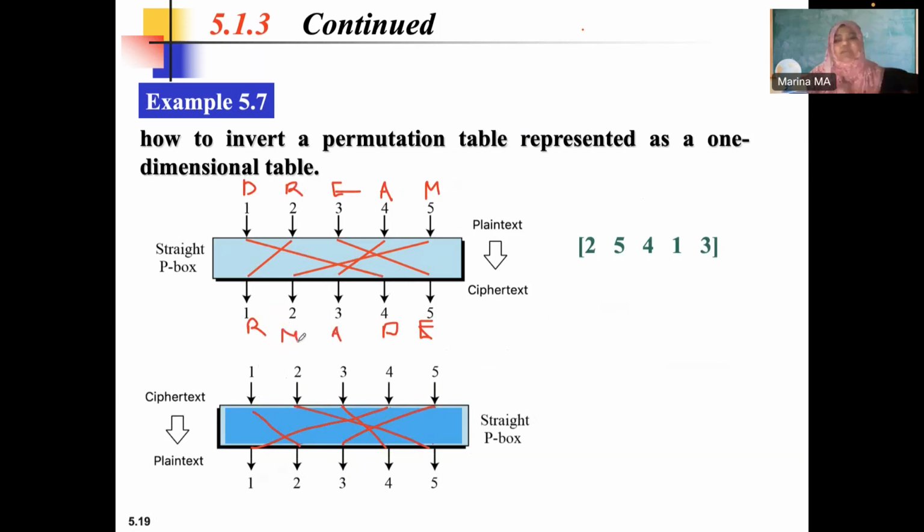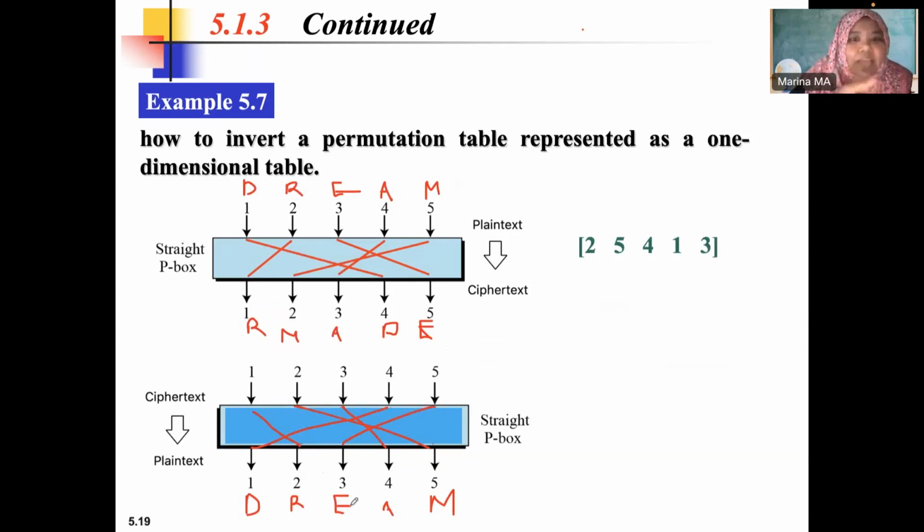Okay, is it the same? So this is the ciphertext. This is the same character. Here, ciphertext R, so R here becomes plain text. R here, M here, A 3 here, D 4, E 5. Alhamdulillah. So there you go.